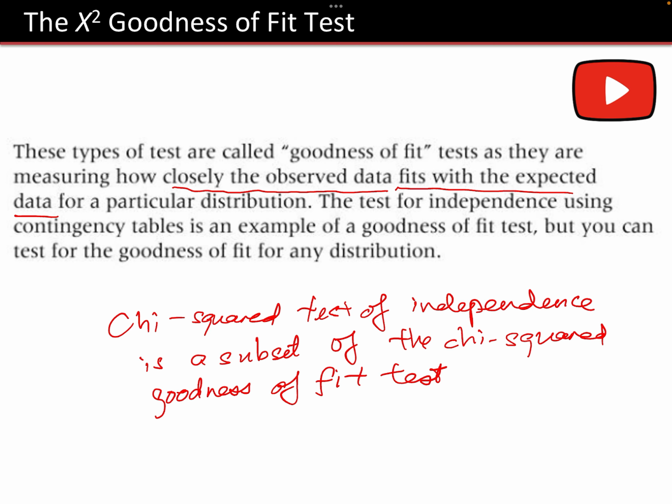And when I say that you could use it for any distribution, we have learned in this course distributions like the normal distribution, and we have also learned the binomial distribution. So in other words, we can actually use the goodness of fit test with a normal distribution and also with the binomial distribution. But that's not the focus of my video today, and we will come to that in the next upcoming video that I will make.